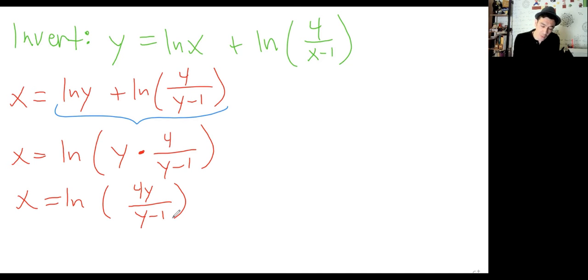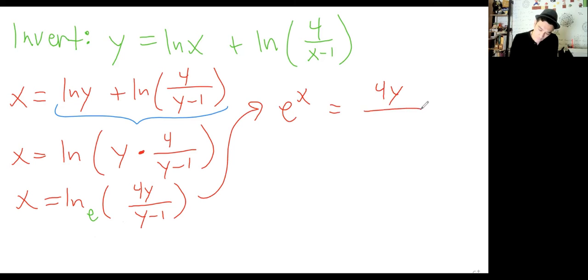And we know that here in green, there is the subscript e, which is invisible. And we can rewrite this into exponential form, and it would go e to the power of x equals 4y over y minus 1.